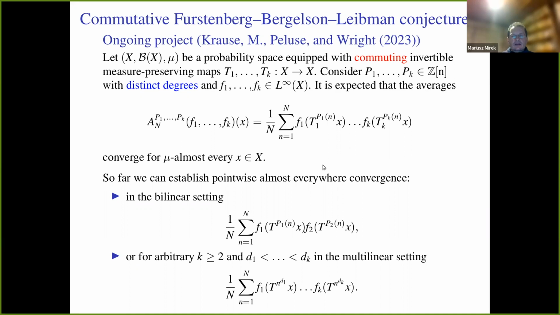So for instance, in the single transformation case, we can establish in the bilinear situation the pointwise almost everywhere convergence whenever P1 and P2 are polynomials with distinct degrees. Or in the multilinear situation, we can establish pointwise convergence for monomials, when orbits are taken along monomials. Then we also know that we have pointwise convergence here.